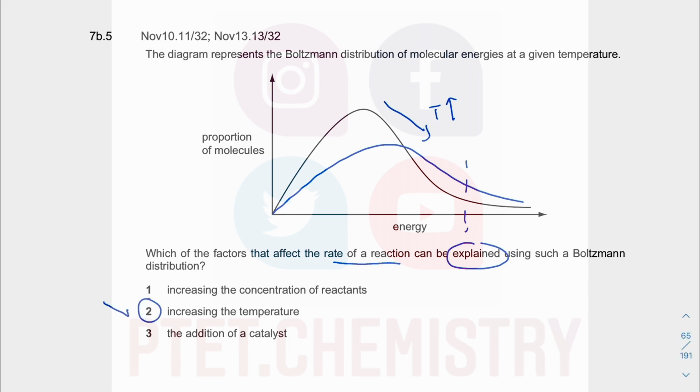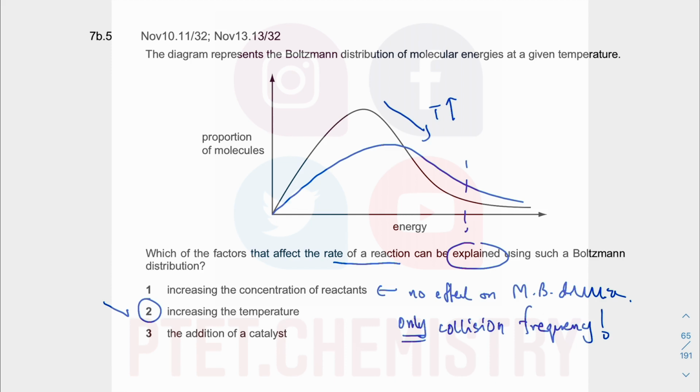If number 2 is correct, you have to check number 1 and number 3 as well. Increasing the concentration of reactants has no effect on the Maxwell-Boltzmann distribution. Then how does increasing concentration of reactant increase rate of reaction? That is because it only affects collision frequency, something you learn a lot in O-level or GCSE. You don't talk about Maxwell-Boltzmann, you simply talk about collision frequency, whereas in A-level, we supplement your knowledge on explaining rate of reaction, especially temperature.